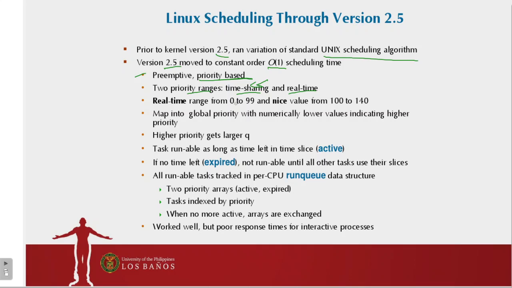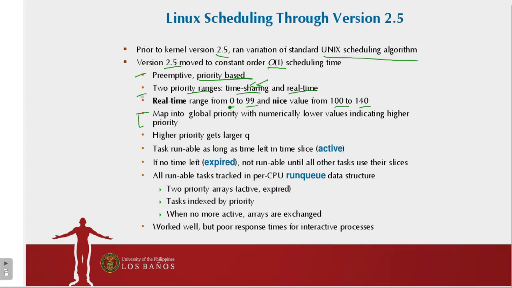Real time ranges from priority 0 to 99, and a nice value from 100 to 140 is mapped into a global priority, with numerically lower values indicating higher priority.